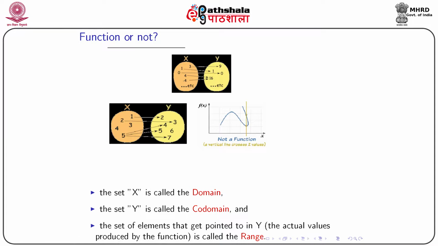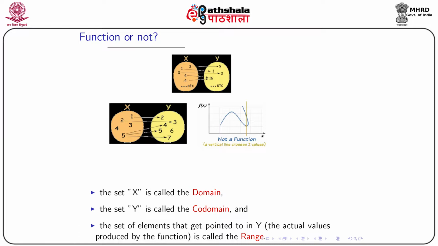So this is a function because every element of X has a relation with an element in Y. Moreover, two of the X elements correspond to the same Y. Now if you look into the next figure, which is in the bottom left, it is not a function because the element 6 in Y doesn't have any correspondence to any element of X. So this is not a function.